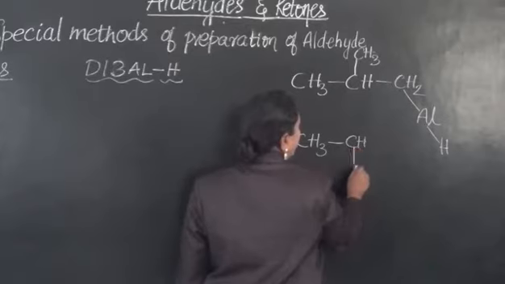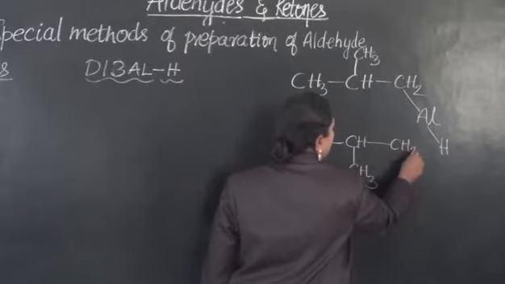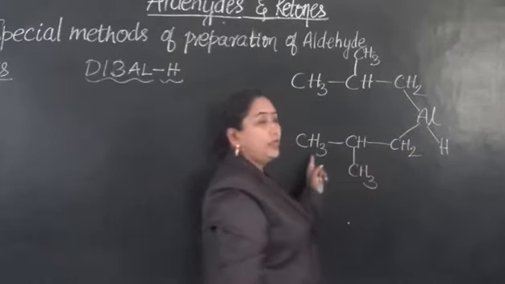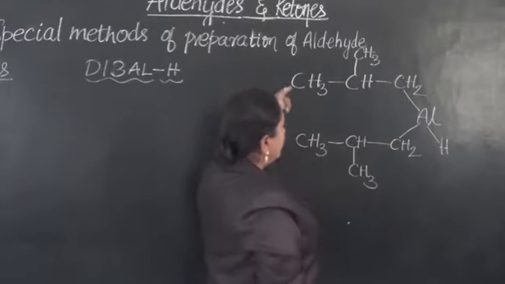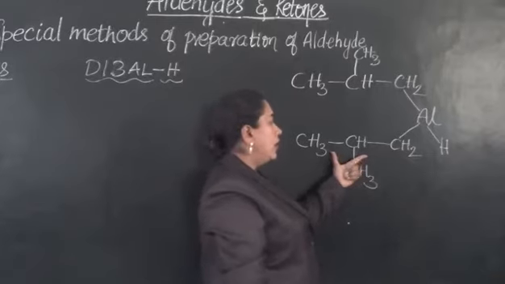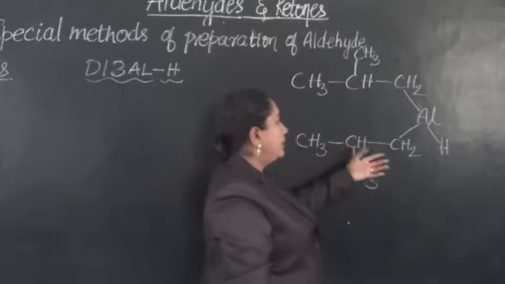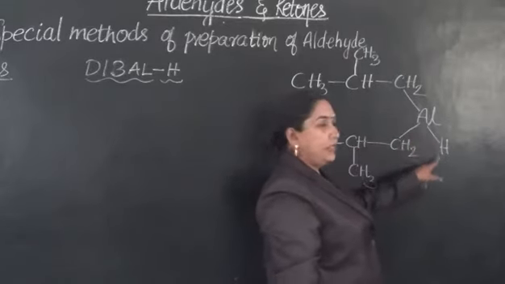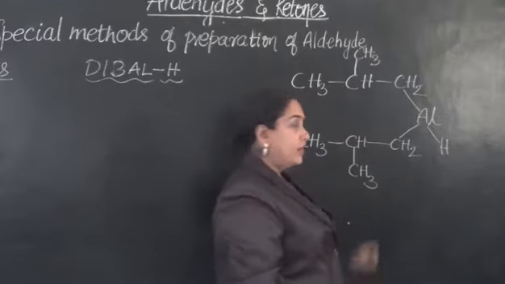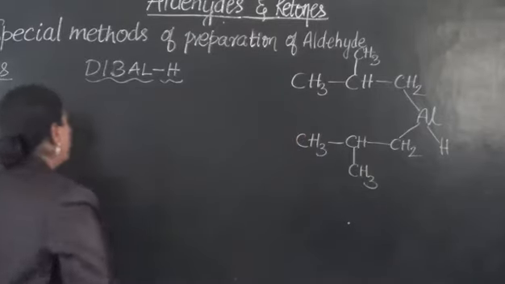We can see there is a methyl group present as a side chain, and in the main chain we find 3 carbon atoms. In either case the structure is like this. This is called isobutyl because we find a branched structure, and they are linked with aluminium hydride. They act as a very good reducing agent. They release nascent hydrogen. Let us see how the reaction will be.